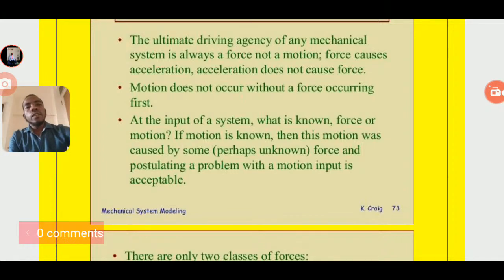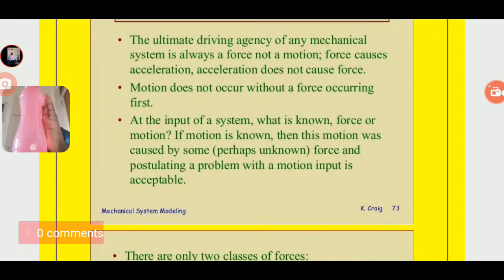For example, this is one object. If I want to move it like this, I need a force, because I am applying force from my hand, and then I get the movement of this object which has mass.